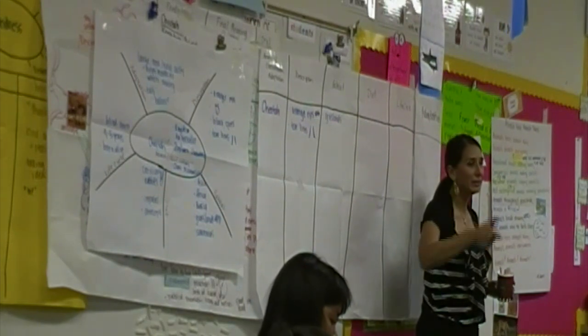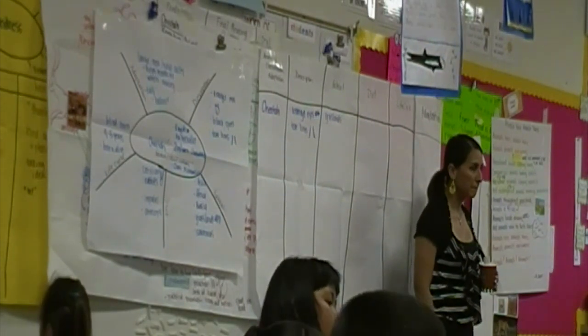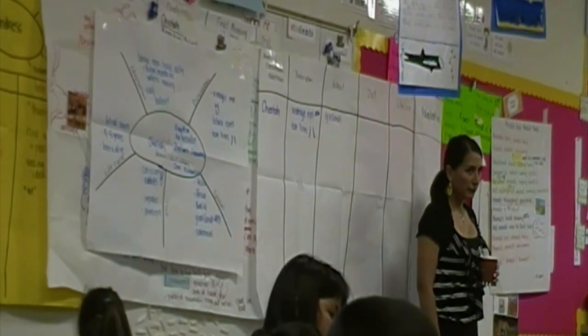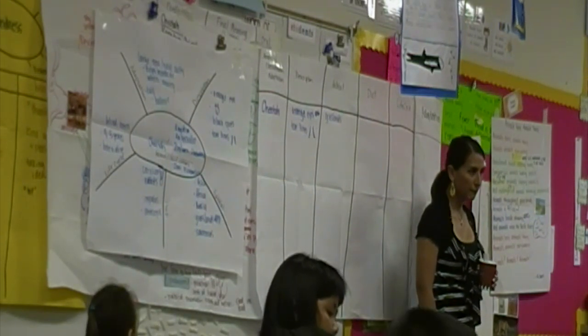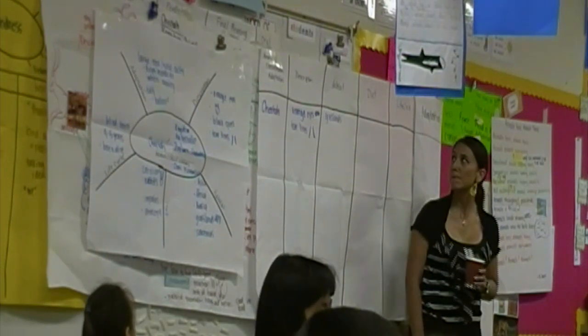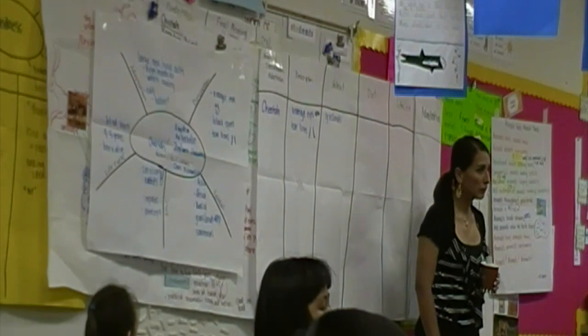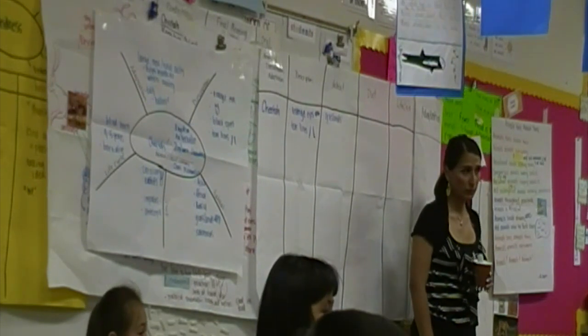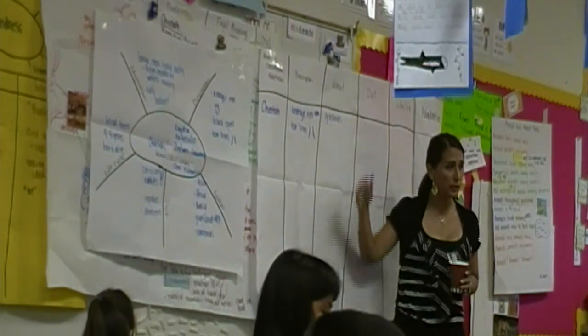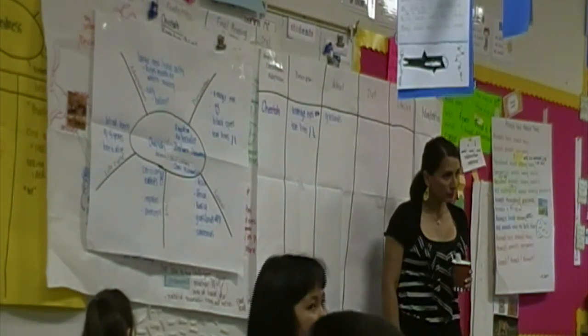Is it I or we? And which category would that fall into? Description?